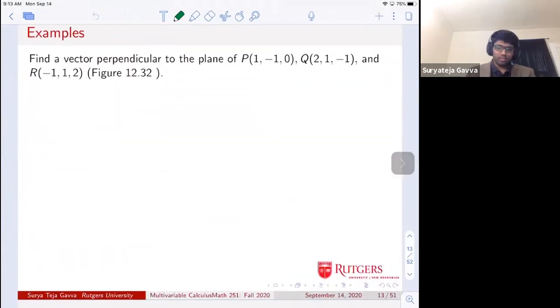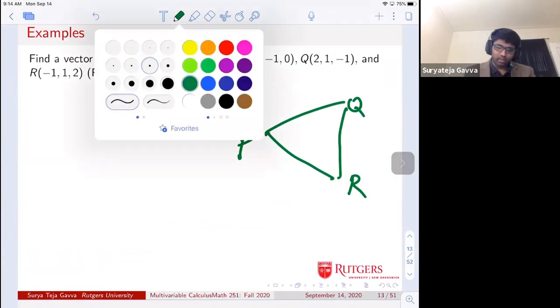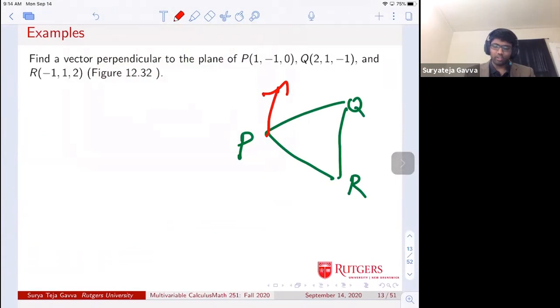Now let's use this information to compute something else. You want to find a vector. There are 3 points P, Q, and R in some plane, and you want to find a vector which is perpendicular to this plane.